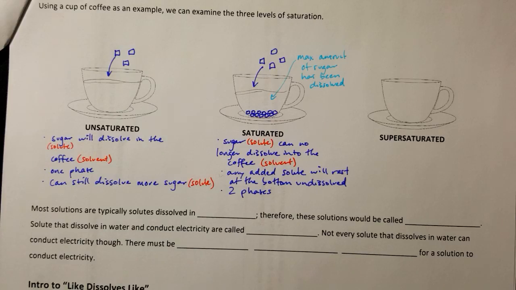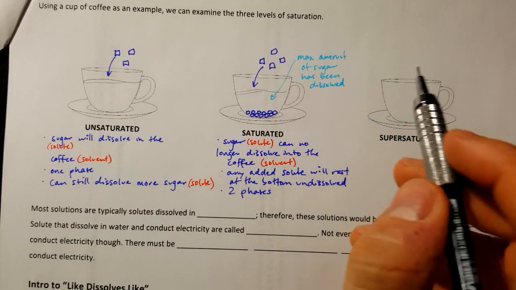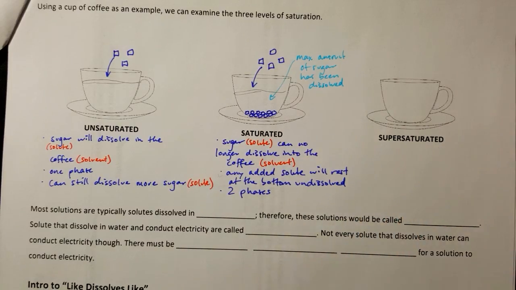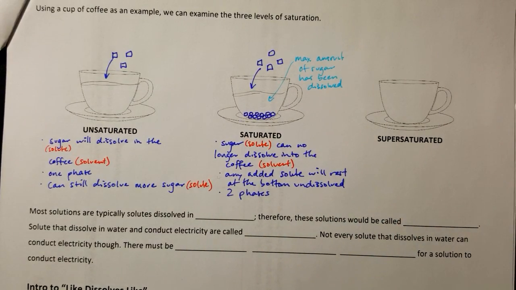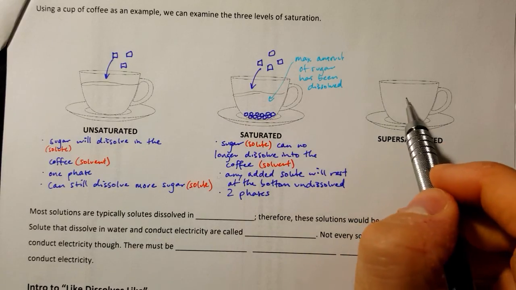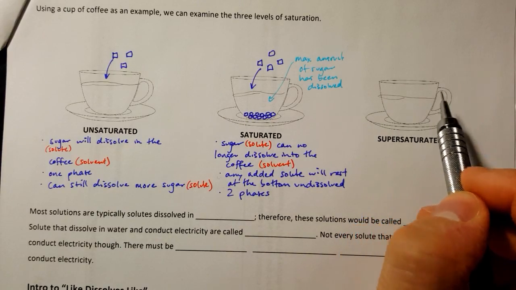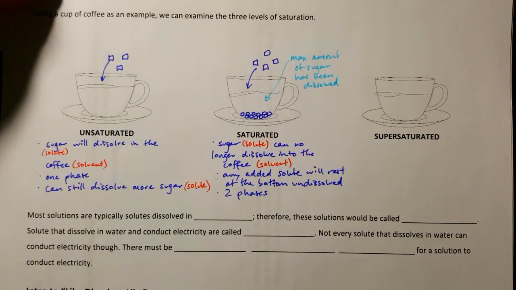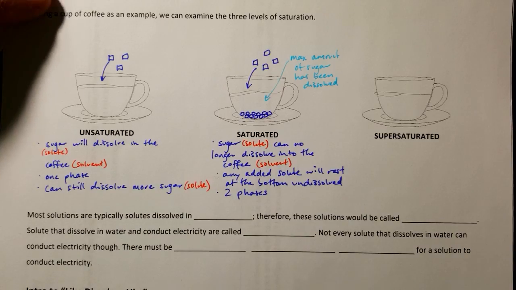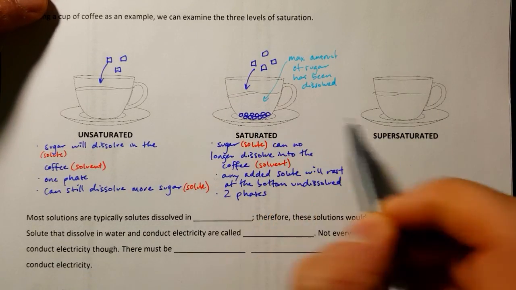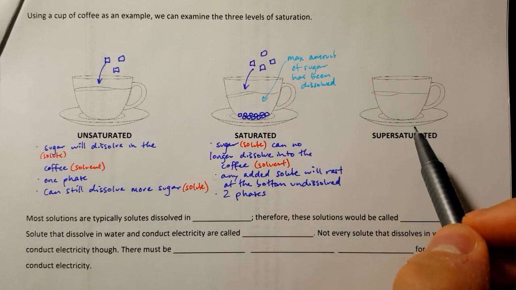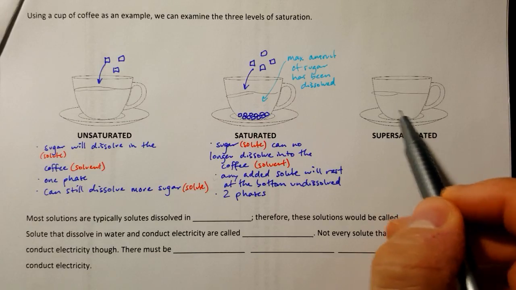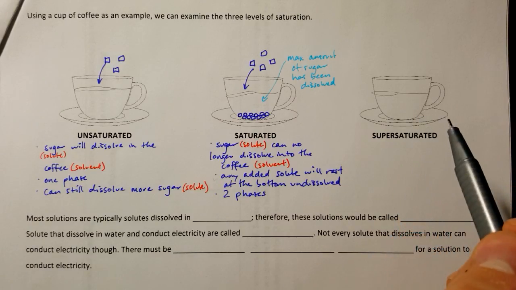Okay, so we have also the possibility of a supersaturated solution. So a supersaturated solution is a bit different. This is, if we heat up our coffee, and then cool it very slowly, what we can do is we can cause the sugar to dissolve into the solution and then remain dissolved.